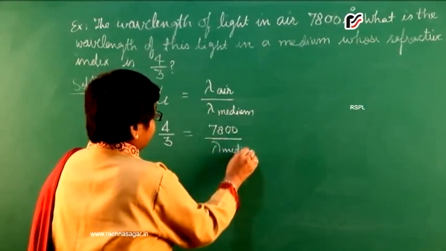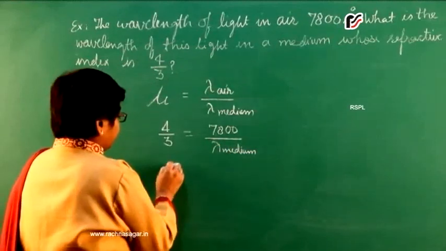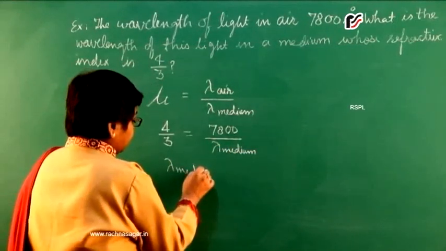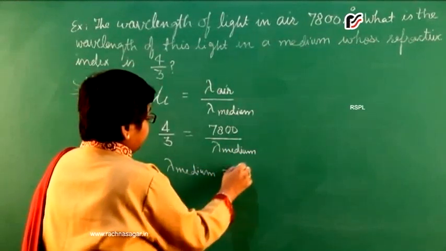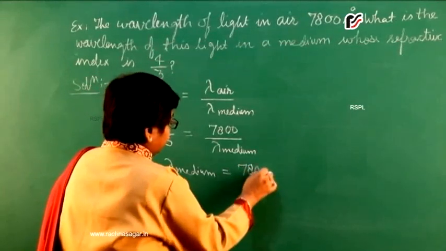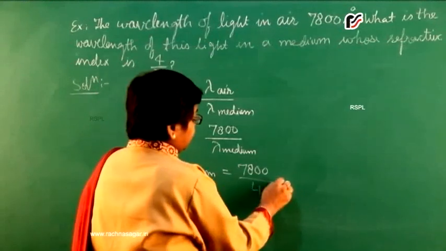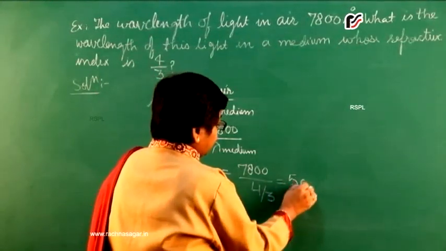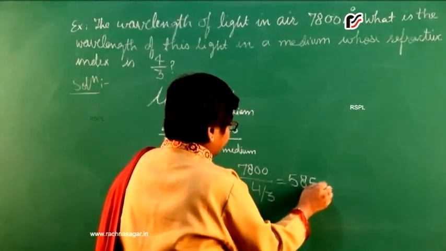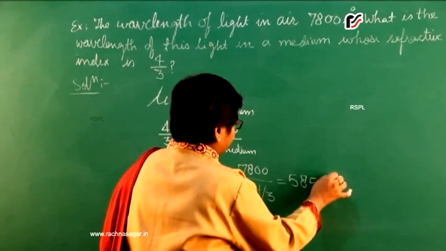We have to find out the wavelength in medium. So the wavelength in medium equals 5850 angstrom.